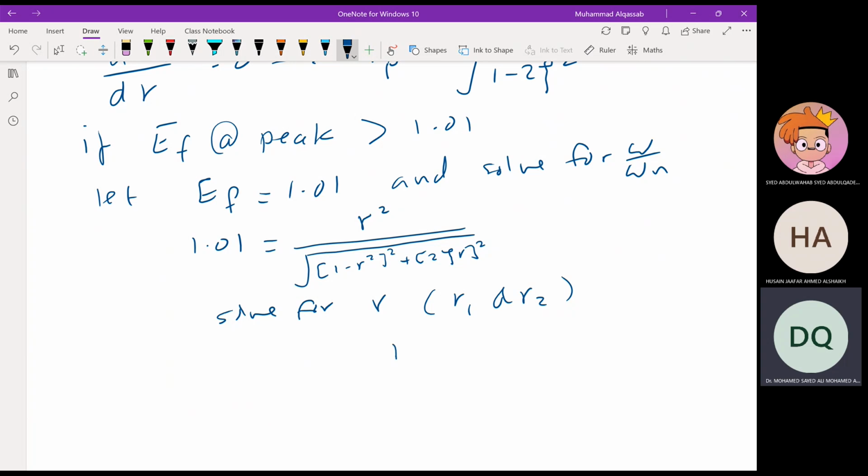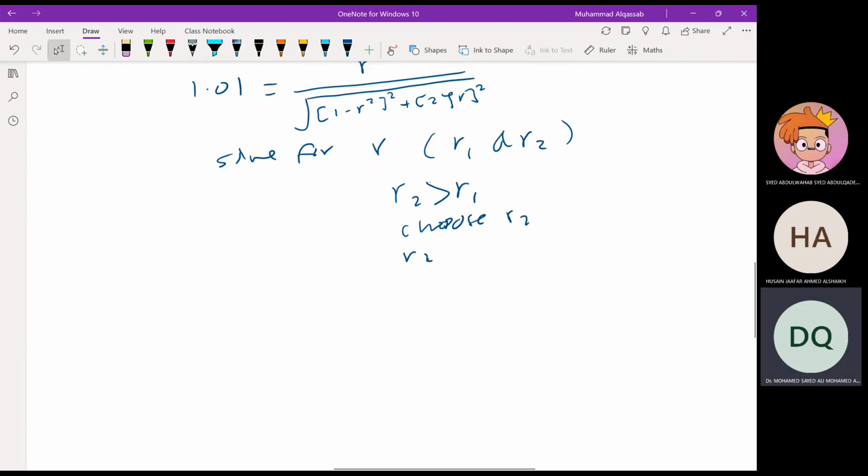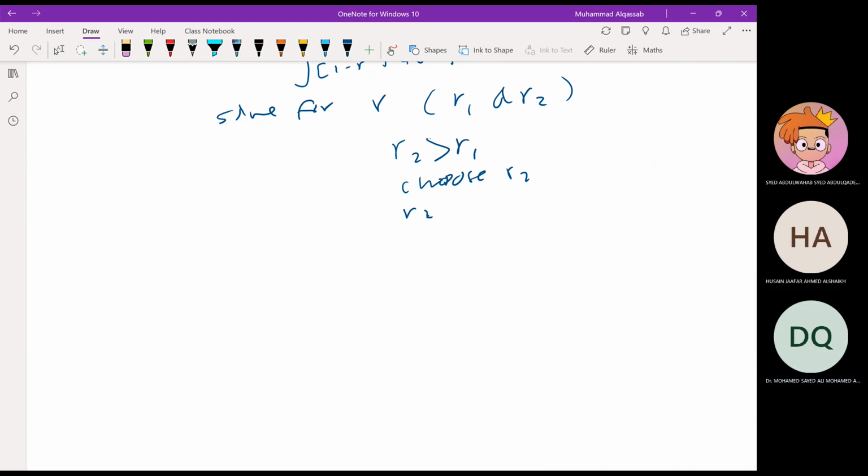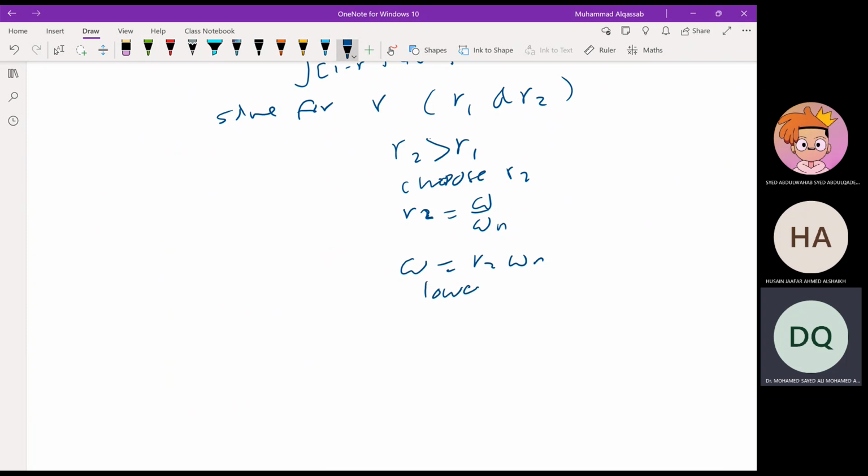Suppose R2 is greater than R1. We choose R2, and R2 equal to omega over omega n, or f over fn, then omega becomes R2 times omega n. And that will be the lowest frequency in the range.